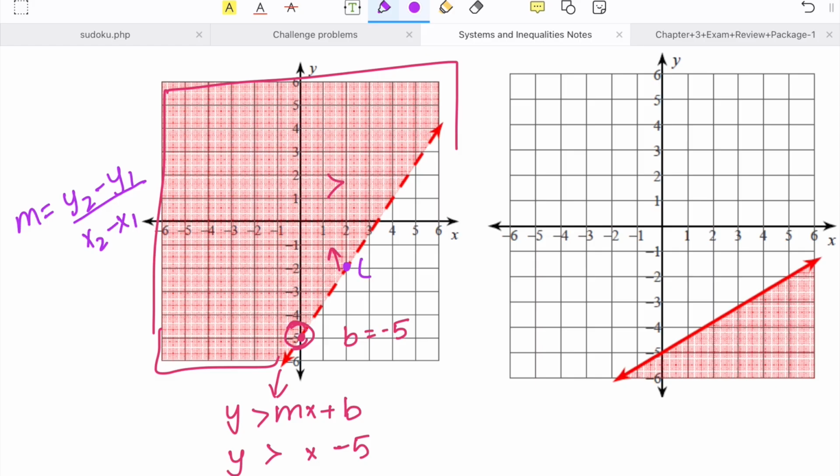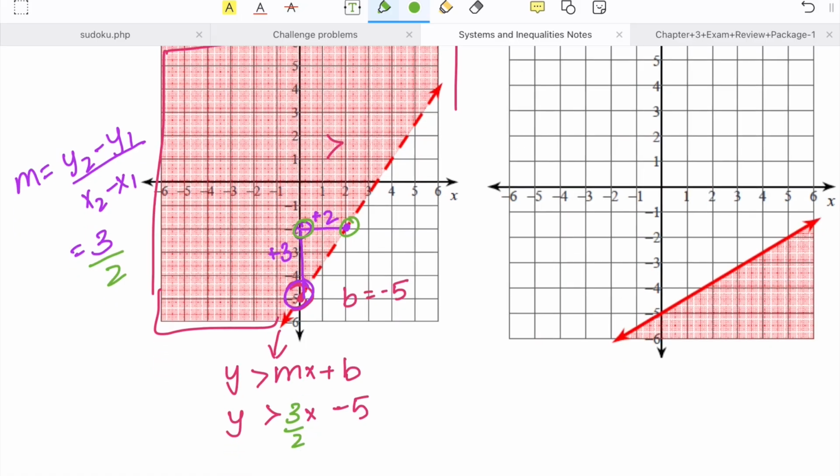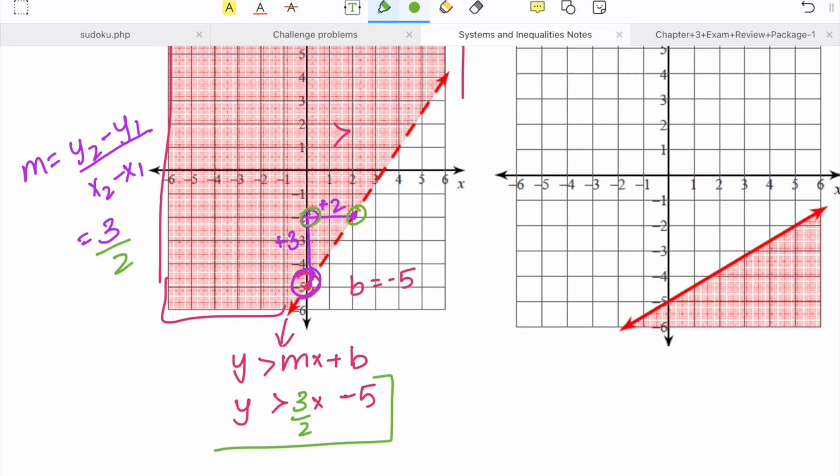So this one is, we're going +2 and we have +3 over here. That means our slope, the difference from the y point, so this point and this point is 3, and then the difference between this point and this point is 2, and that's your slope, 3 over 2. And that's your equation, right?